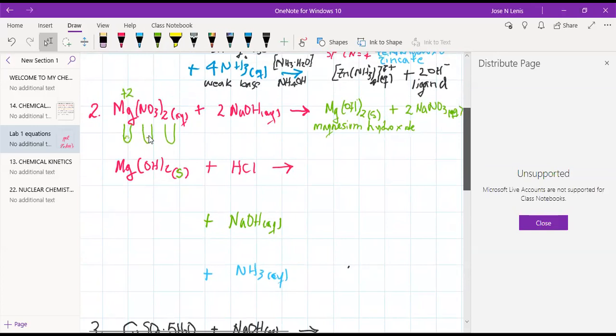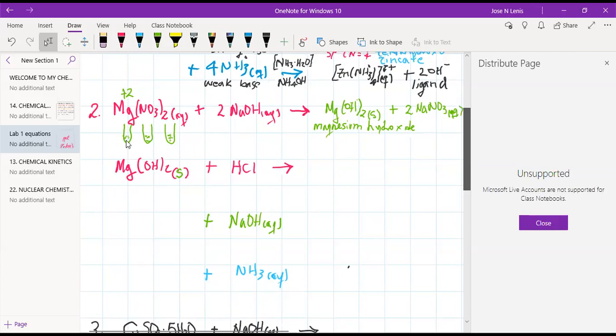It's milky, cloudy, a nice white precipitate. The previous precipitate we thought was kind of gelatinous, but this is clearly solid. You can see these solid pieces here in each test tube.